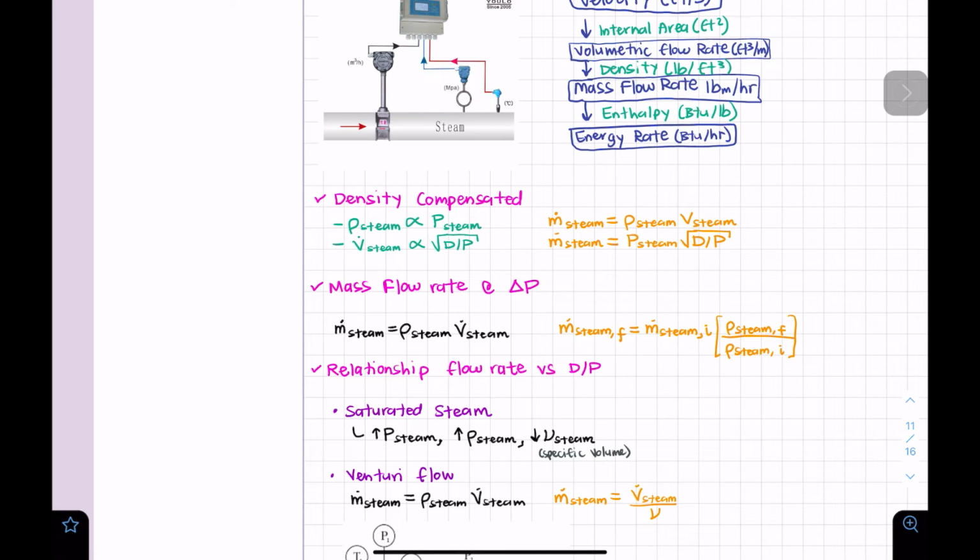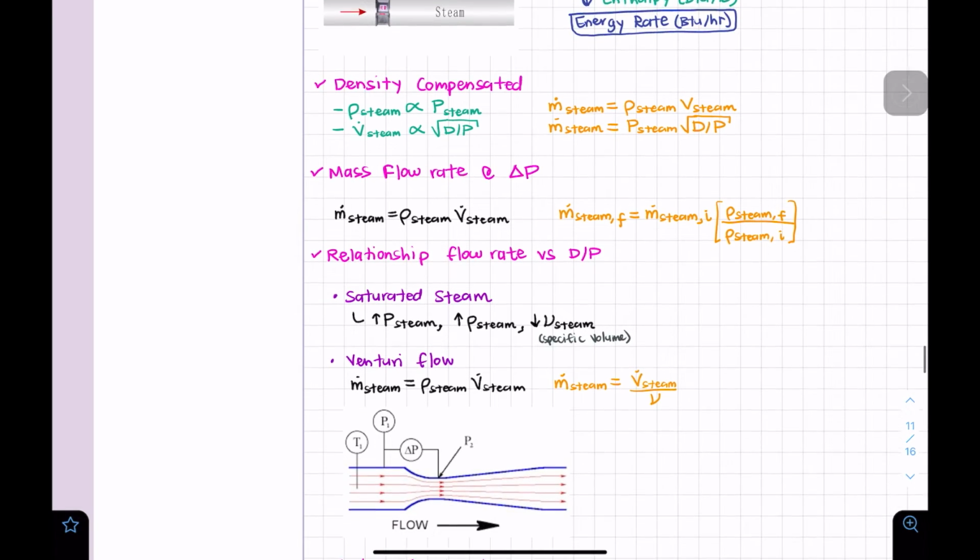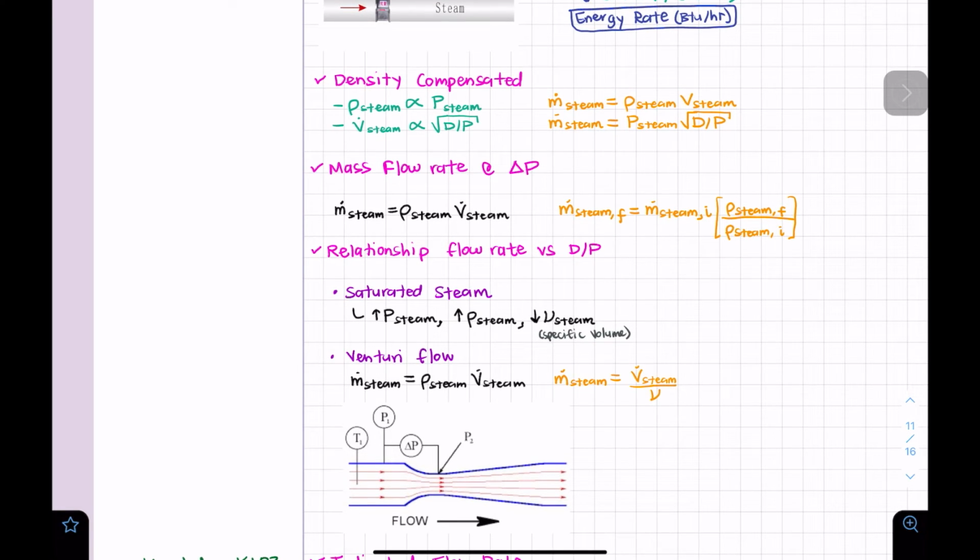And we are also going to have venturi flow. For the venturi flow, we're not going to go in depth into everything, but just a basic understanding of what we need for GFE. A venturi works by measuring the difference in pressure in two locations, pressure 1 and pressure 2.